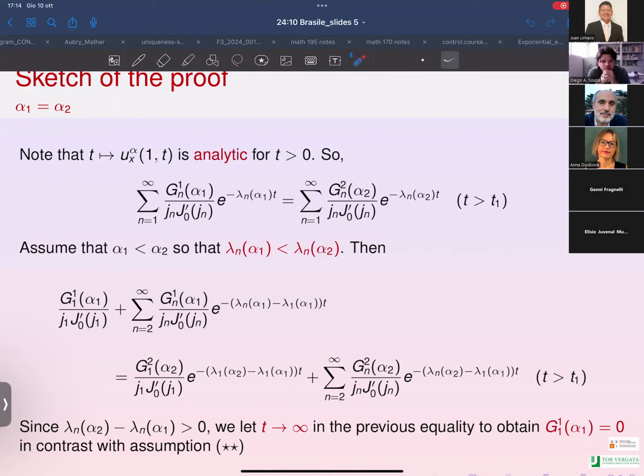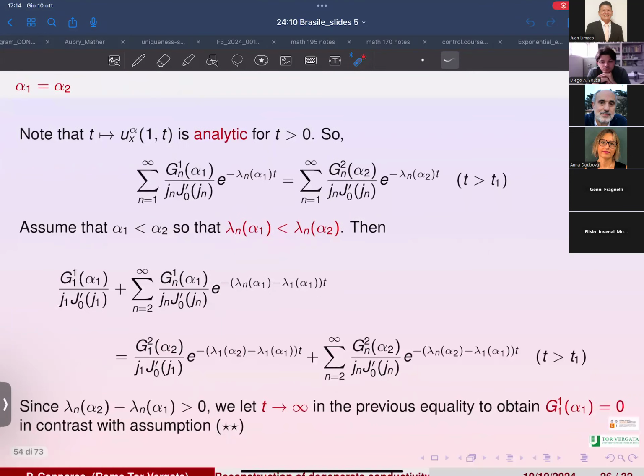And so, since these two functions coincide on some interval, they coincide on the whole half line from T1 on to plus infinity. So we gain the fact that this identity extends from a single interval to a whole half line. And then we will be allowed to send T to plus infinity and stuff like that.